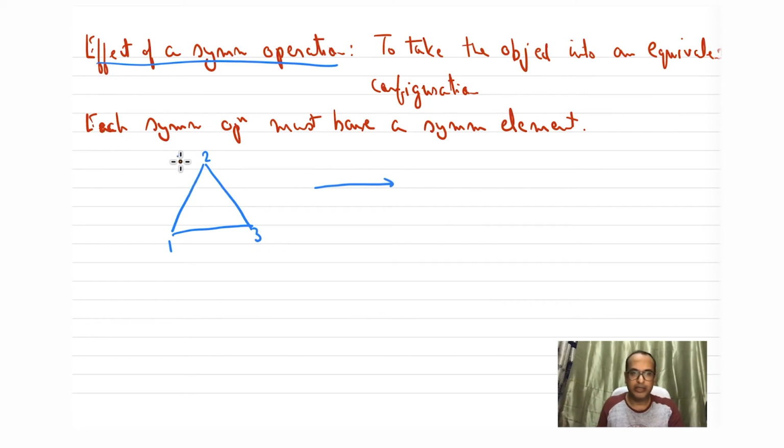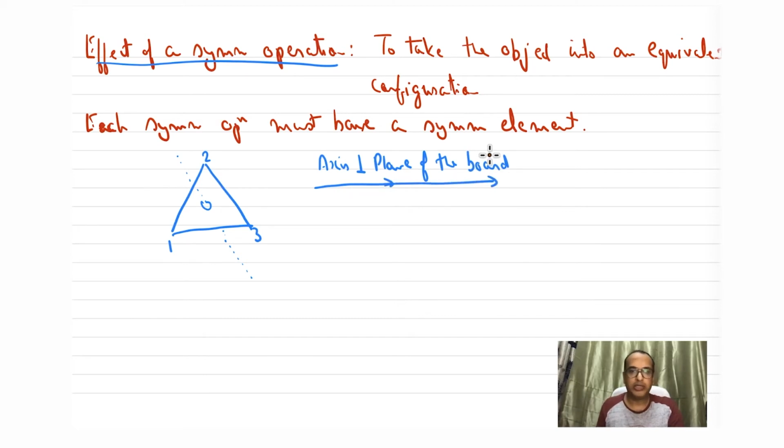Let us say that there is an axis passing through the center of this, and this axis is perpendicular to the plane of the board.